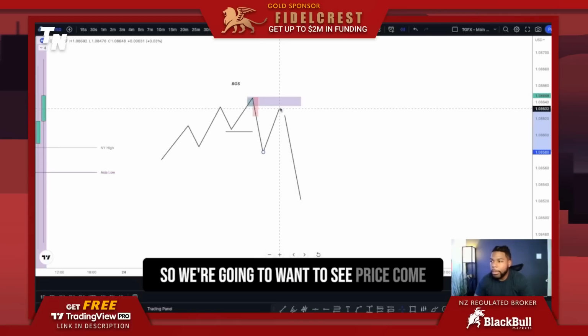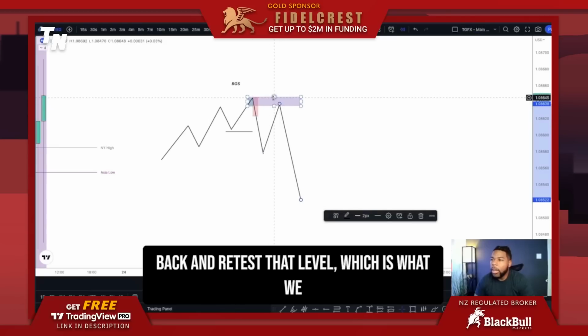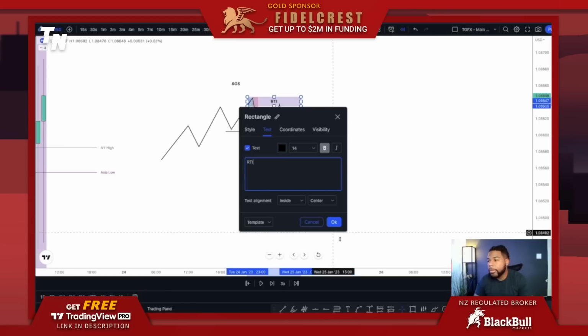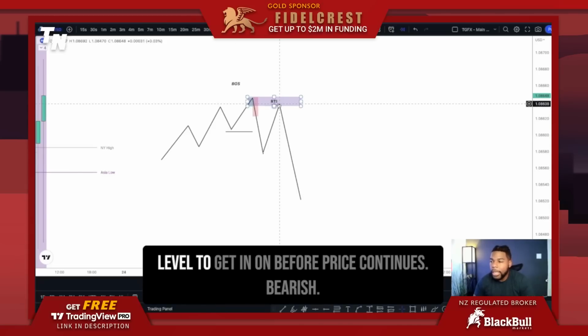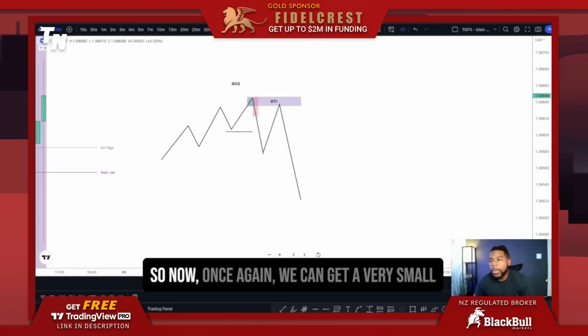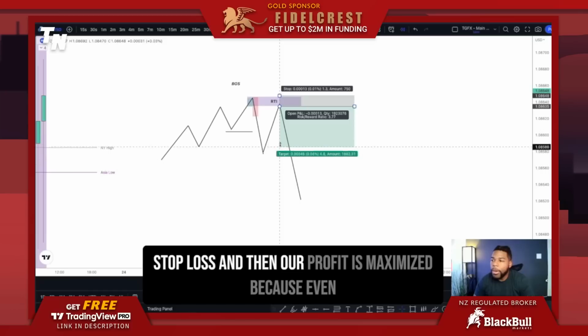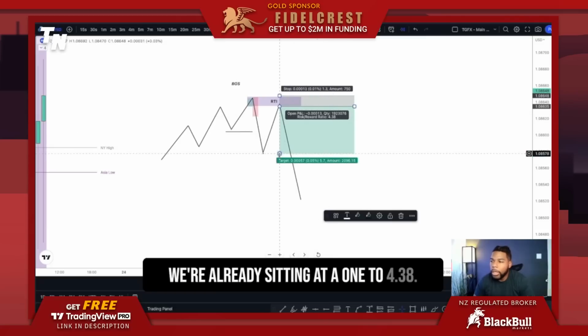So we're going to want to see price come back and retest that level, which is what we call an RTI, or a return to impulse. This is going to give us the optimal level to get in on before price continues bearish. Okay, so once again, we can get a very, very small stop loss, and our profit is maximized because even by the time we get back to this previous low, we're already sitting at a 1 to 4.38.